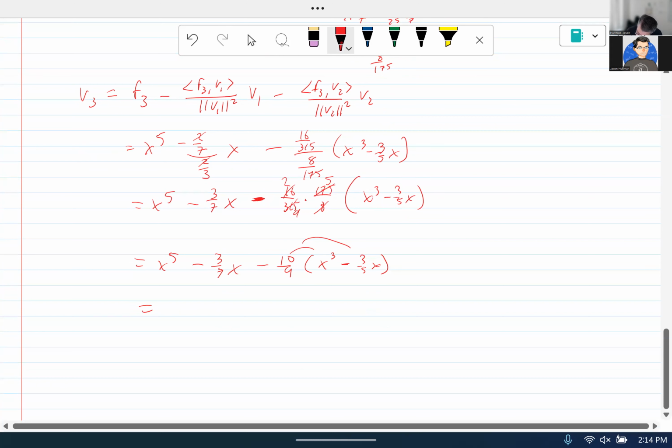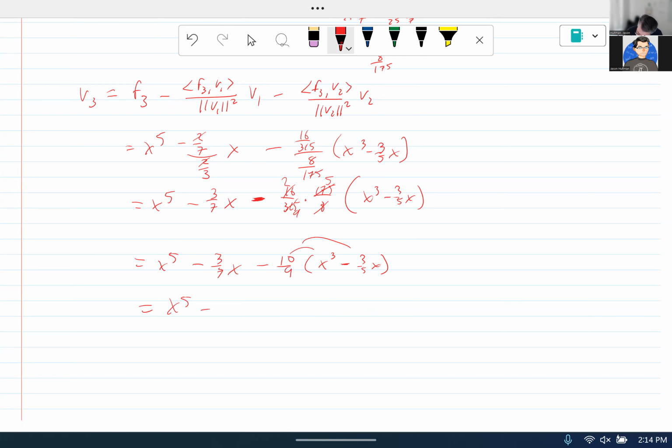Okay, and so this becomes x to the 5th minus 3/7 x minus 10 ninths x cubed, plus, I'm just going to go 10 ninths times 3/5 because a bunch of things are going to cross cancel. That's 3, that's 2, that just becomes 2.